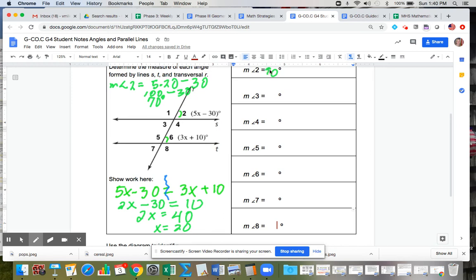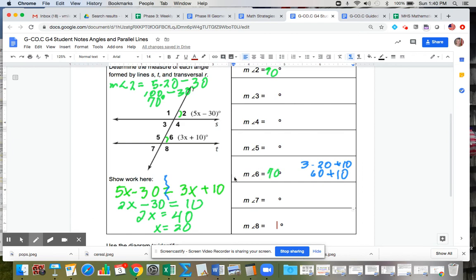And because angle 2 and angle 6 are congruent, I also know that angle 6 measures 70 degrees. Now I could solve angle 6 by plugging 20 in place of x here. Just to prove that it will definitely equal 70 degrees, I'm going to do 3 times 20, because that's what the expression shows, plus 10. That's 60 plus 10, which is indeed 70 degrees.